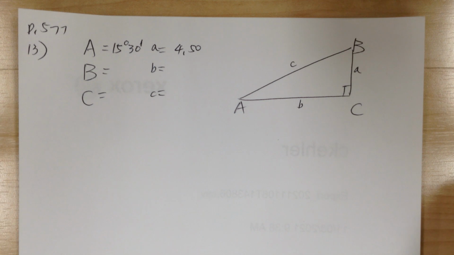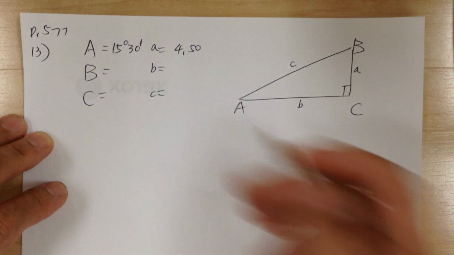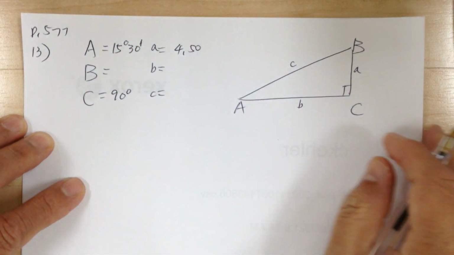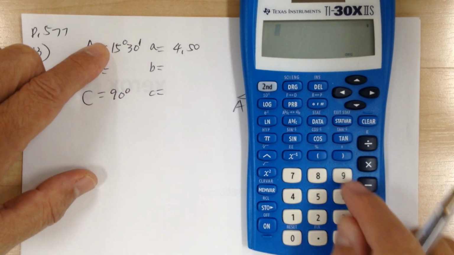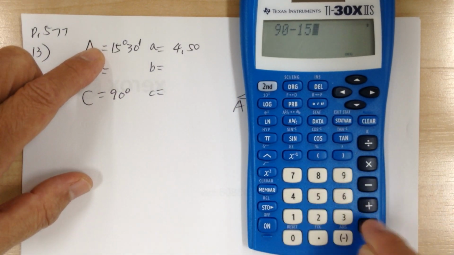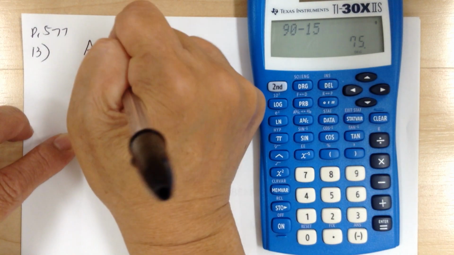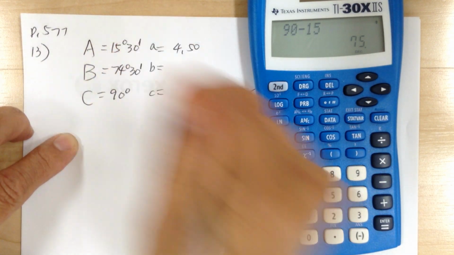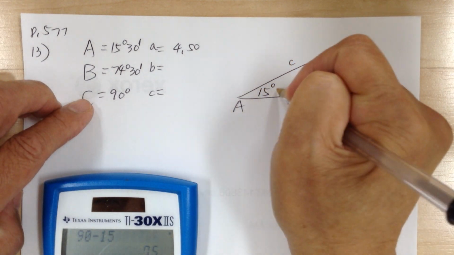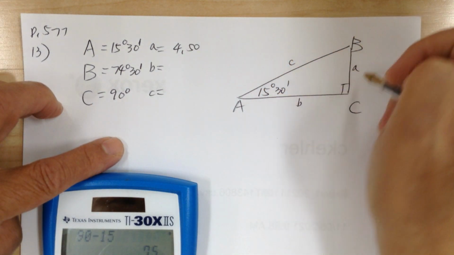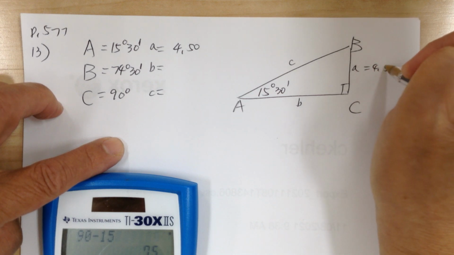Over here again, angle C equals 90 degrees. So let's get this. 90 minus 15 equals, so this would be 74 degrees and 30 minutes. So angle A equals 15 degrees and 30 minutes, and small a equals 4.50.